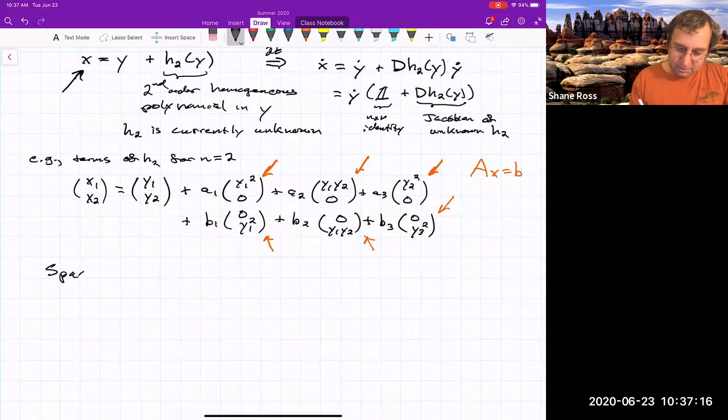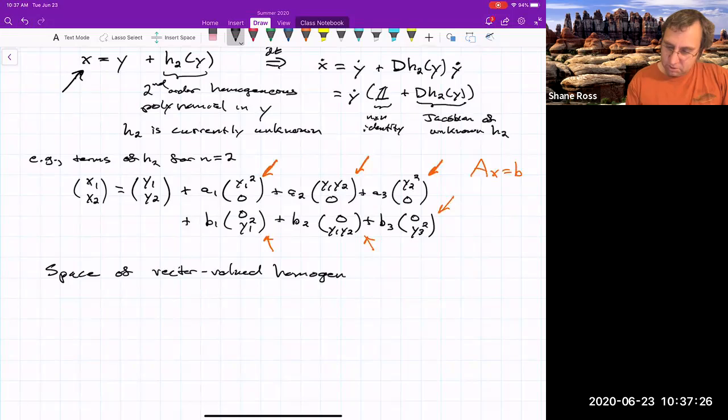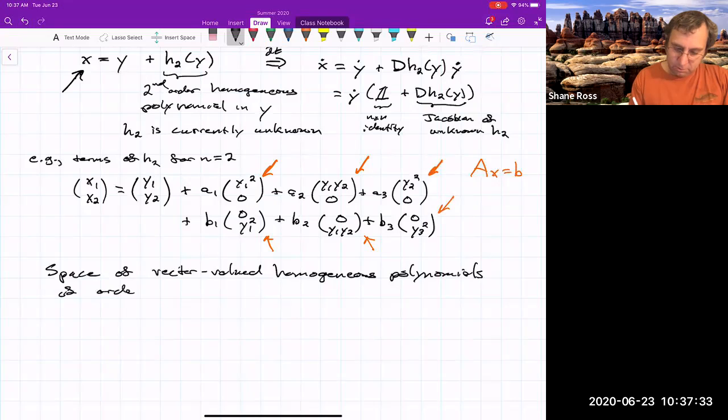So I should say, basically going to say that again. The space of vector valued homogeneous polynomials of order 2, I guess it's sometimes said of degree 2, and it doesn't matter, on Rn.